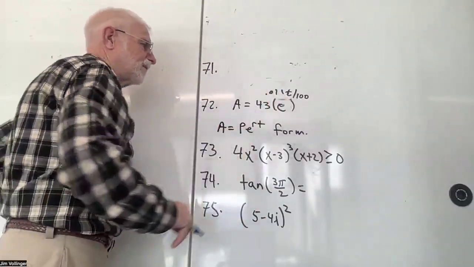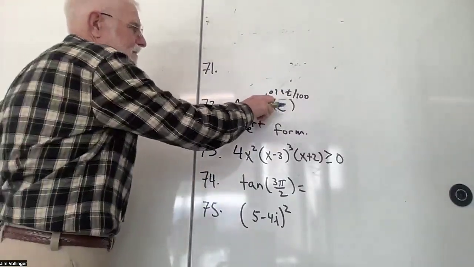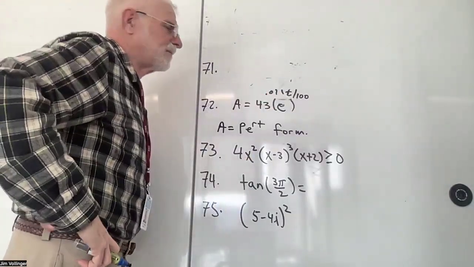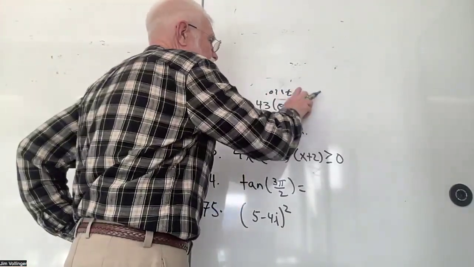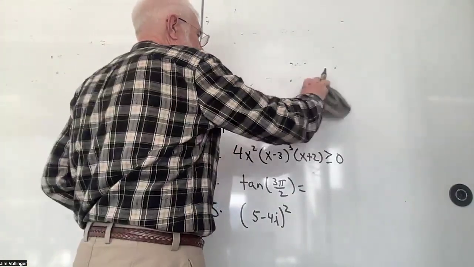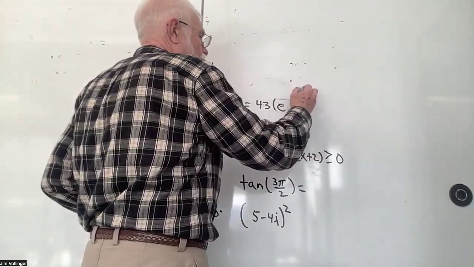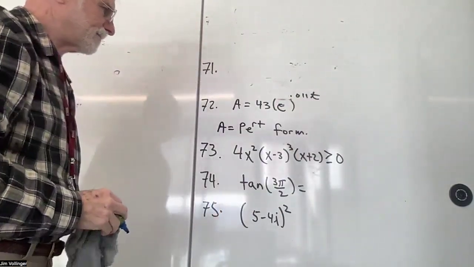So that function, if I saw it, I would look at that and go, geez, that looks like it's tripling something every 100 years. Of course, I did that, right? I got to get rid of that. Sorry. Forgot to do that. So 0.011t is what we wanted to write.